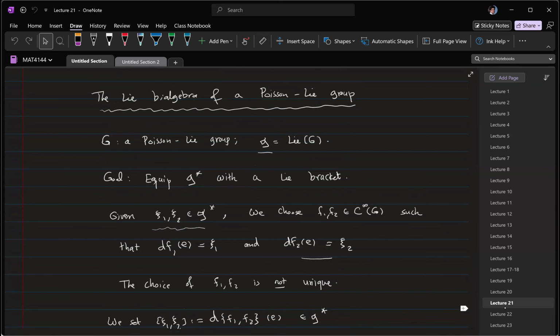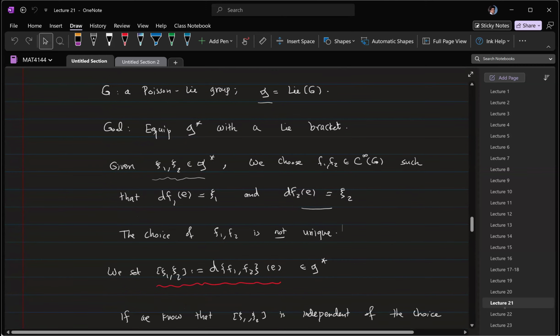In other words, on its Lie algebra, we obtained a Lie bialgebra structure. What do we need to get the Lie bialgebra structure? We need a Lie bracket on G star, which talks nicely to the Lie bracket of G. How do we get this Lie bracket on G star? We basically defined it by this underlying formula.